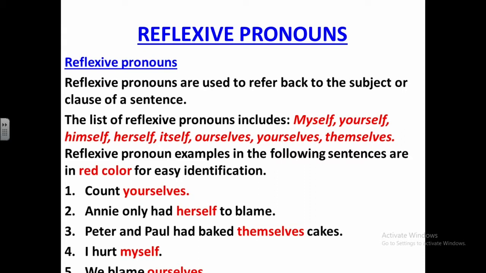That is also a reflexive pronoun. 3, Peter and Paul had baked themselves cakes. 4, I hurt myself. And the 5th one, we blame ourselves. These are all examples of sentences with reflexive pronouns.